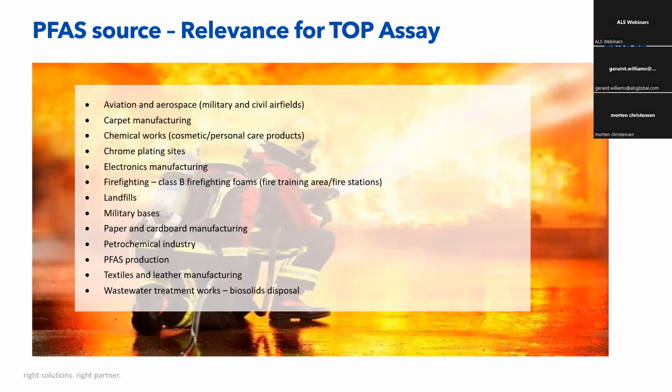So things like airport sites, military sites, oil depots, fire stations, etc. These are the common sites where we're finding issues with AFFF, and where TOP assay would be most relevant. But you could find PFAS in any large warehouses, sprinkler systems, vehicle manufacturing workshops, breweries, etc. Aircraft hangars is another example where you might see significant quantities of PFAS.